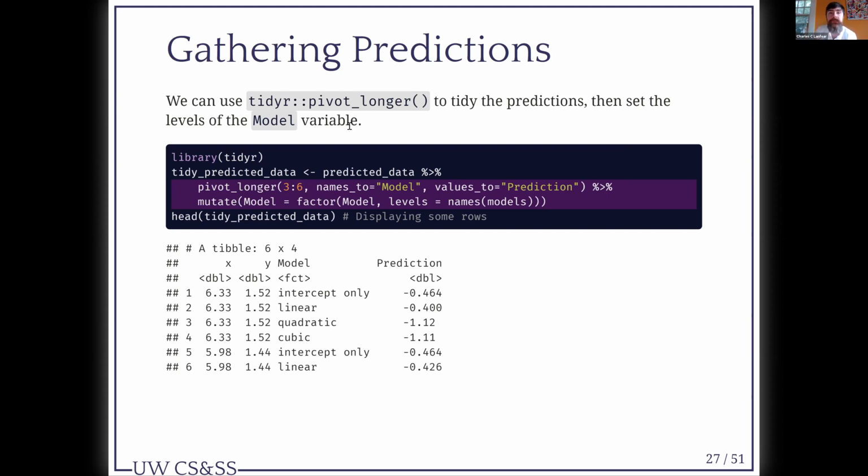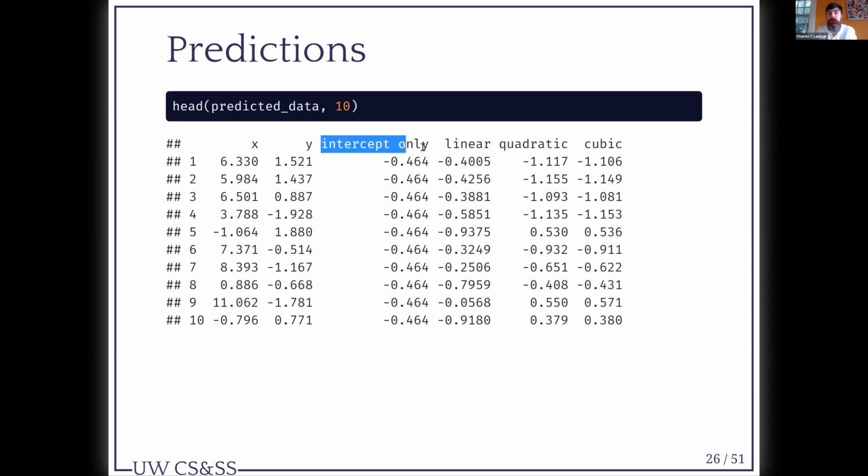Okay? So what I do here is I say, I'm going to load up tidyr from week 5. I want to create tidy predicted data. This is going to be equal to our original predicted data on the last slide. I want to pivot longer the 3rd through 6th column.